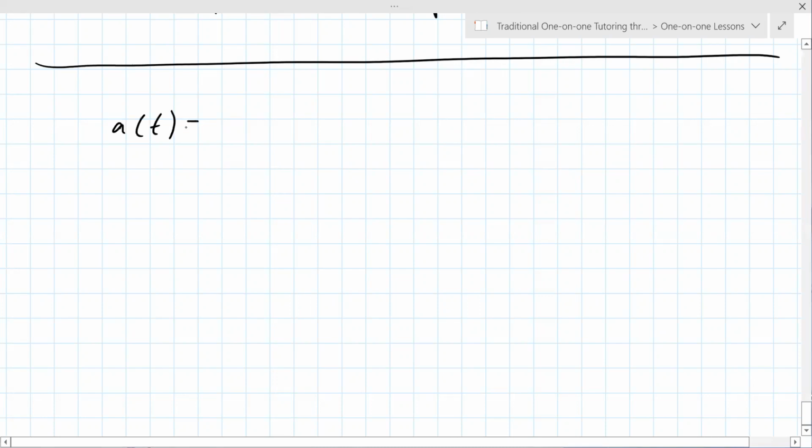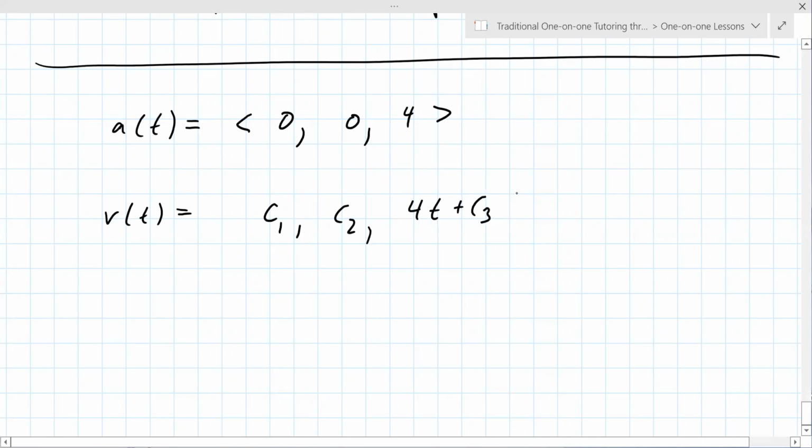Okay, so they're telling you that a of t equals 4k, but what that really means is it's 0, 0, 4. Okay, and so your v of t, the derivative of this, is c1, c2, 4t plus c3. And that's where v of 0 equals j comes in.